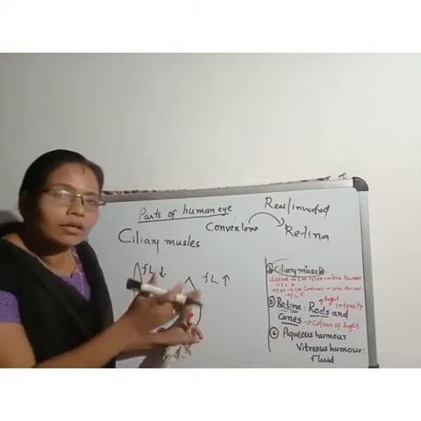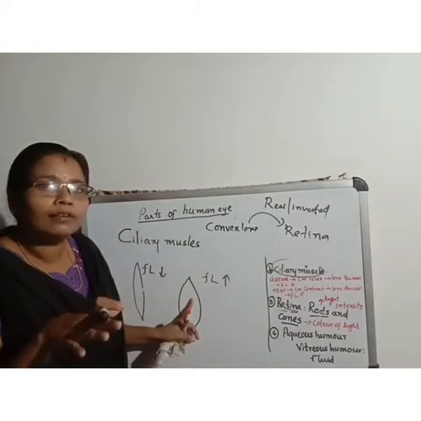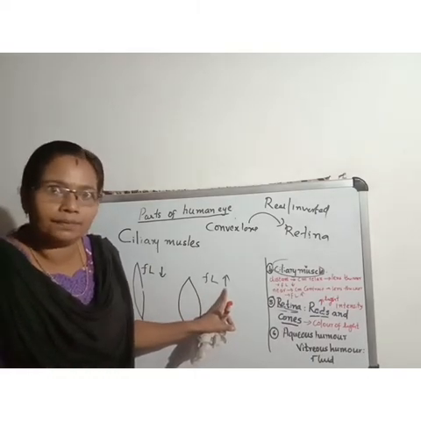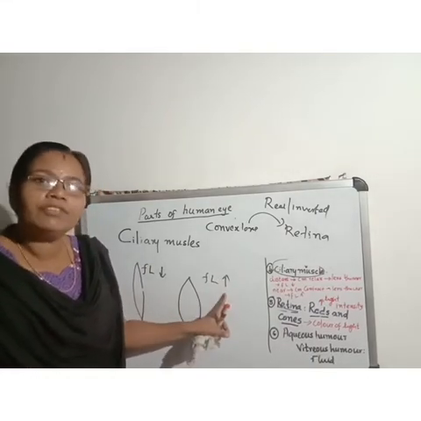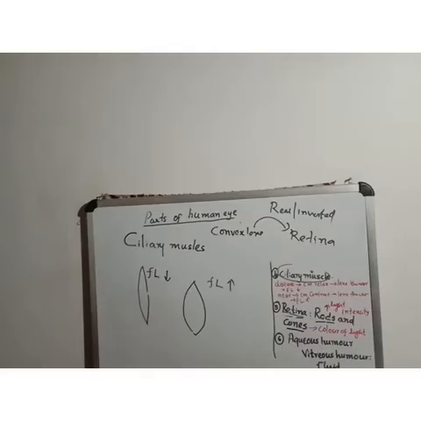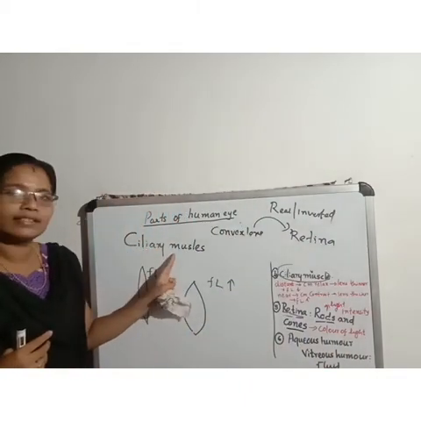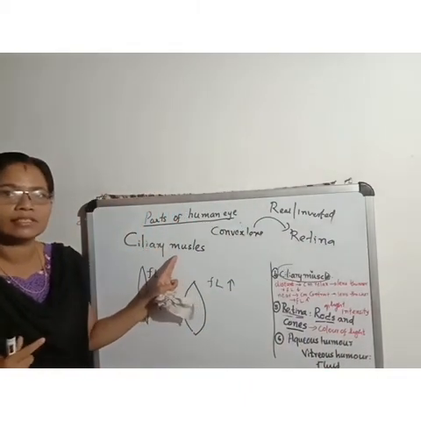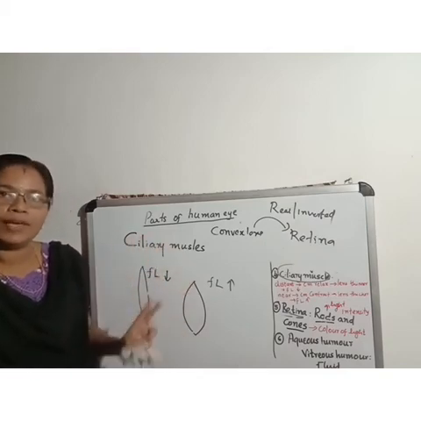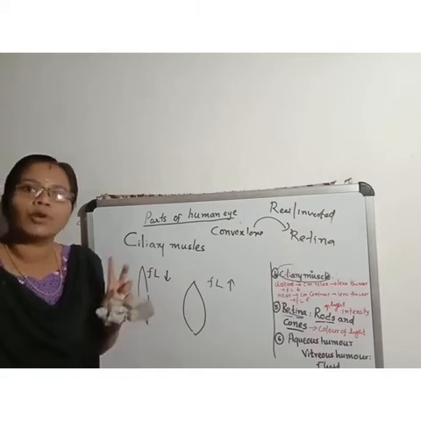And if you are looking at a nearby object, we want to make the focal length of the lens higher, which we achieve by making the lens thicker. Because of this contraction and relaxation of the ciliary muscles, we always get the image on the retina for a normal eye.